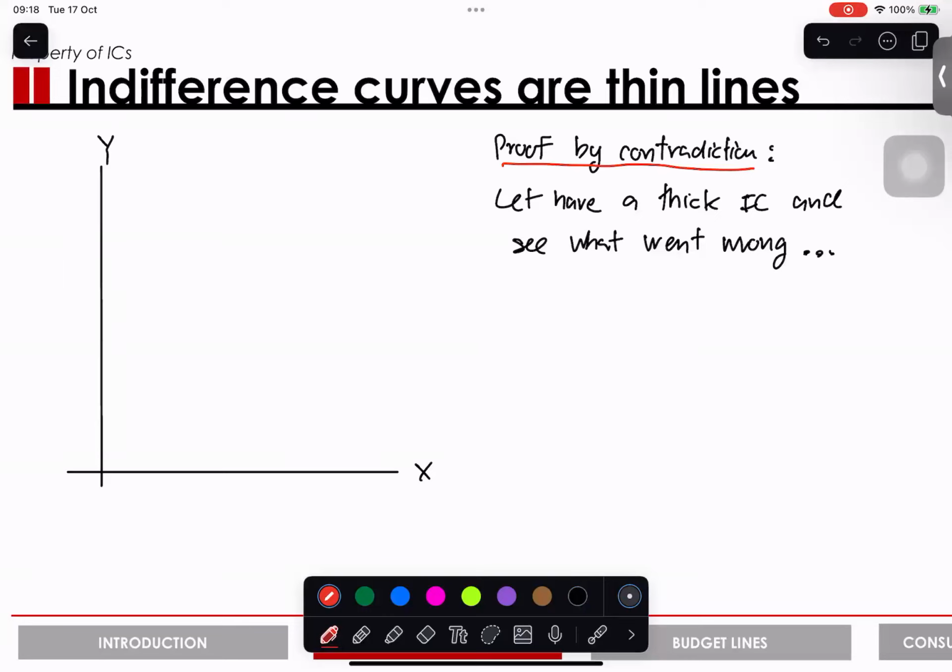Do something against the statement here. If something wrong happens, then you should believe in this statement. You should respect this statement.